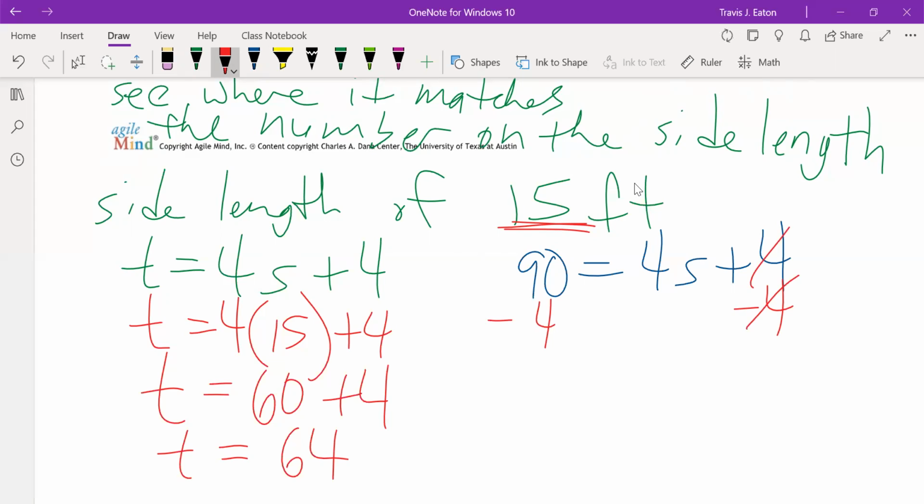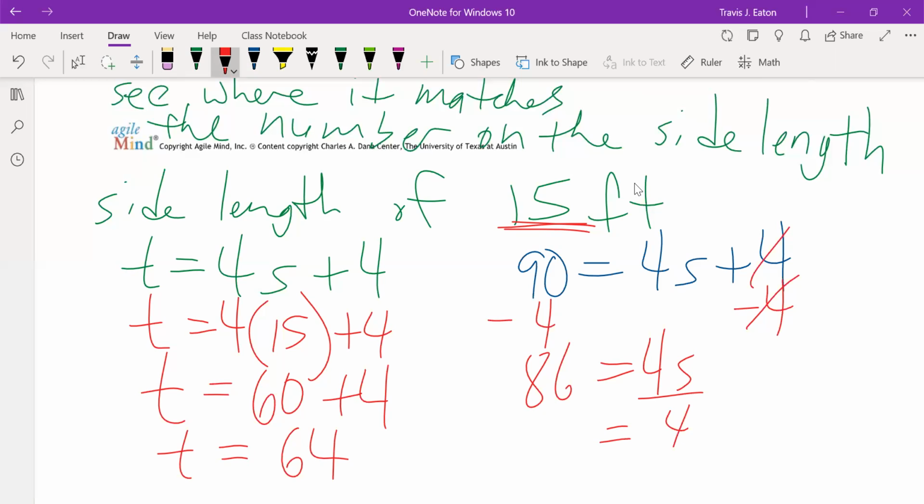And 90 minus 4 is 86. And that would be 4S. What is 86 divided by 4? Can I even divide 86 by 4? Let's see. I get 21.5. Whoops, sorry about that. I need to erase that. There we go.